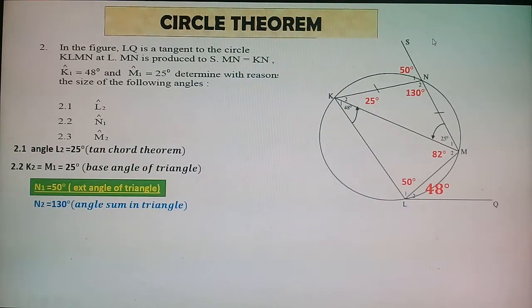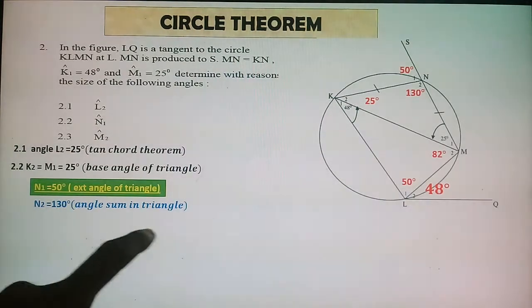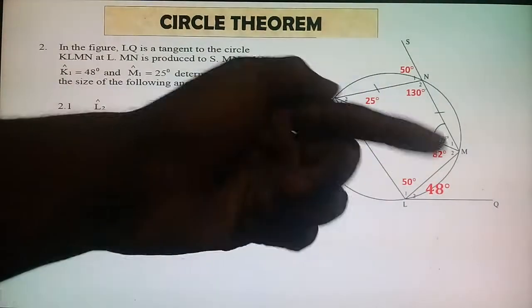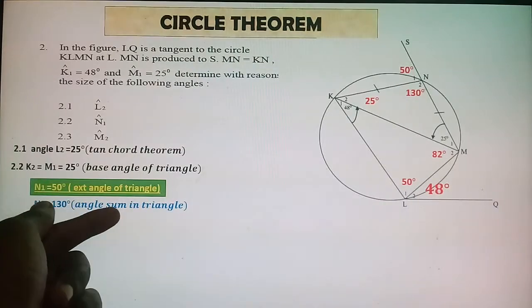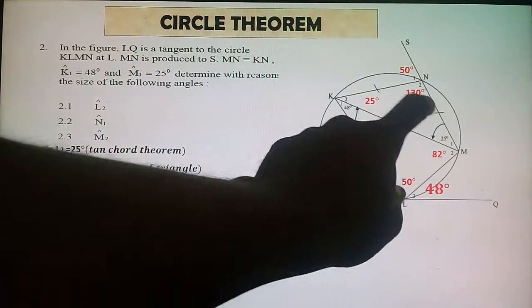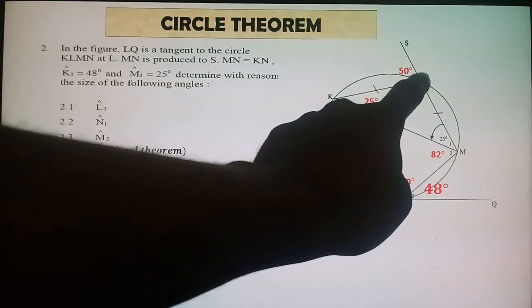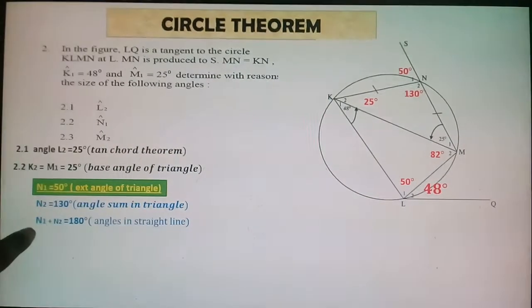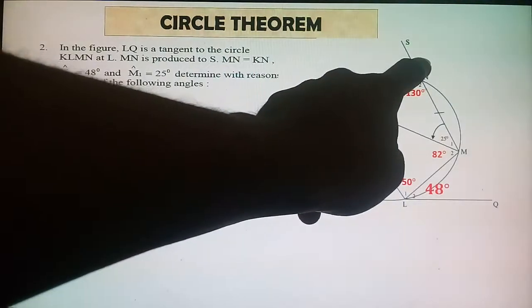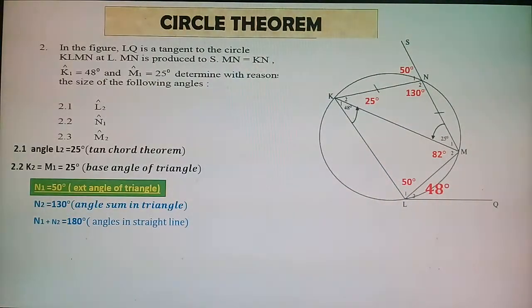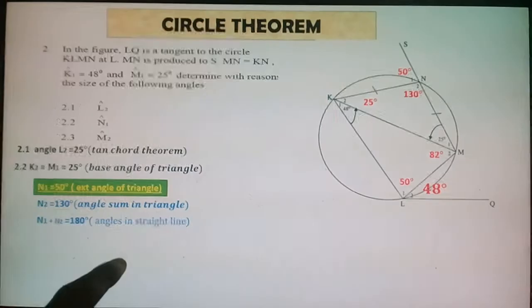I know that N2 equals 130 degrees. I have already shown that using the sum of the angles in a triangle. And now I know that N1 plus N2 equals what? 180 degrees, because they are angles in a straight line.